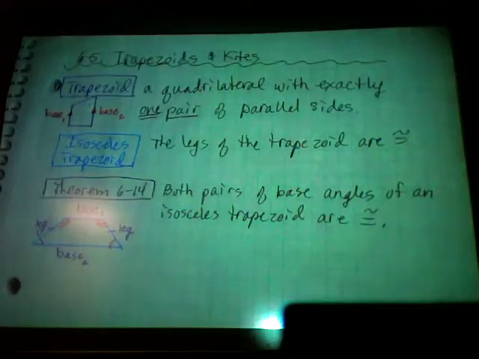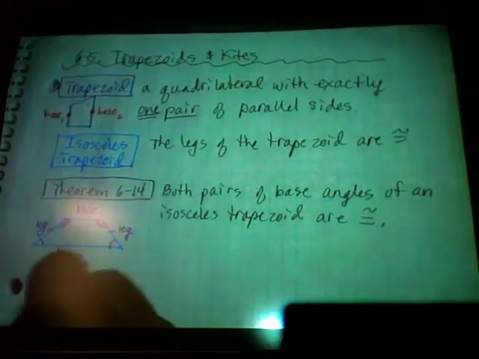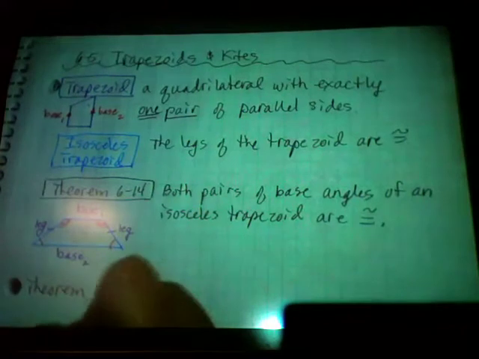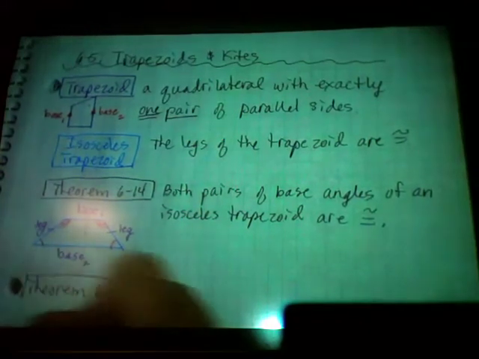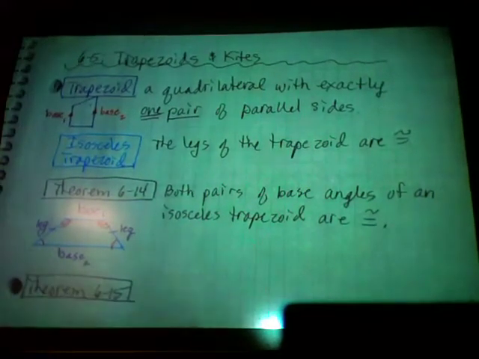And then one more theorem associated with the isosceles trapezoid is theorem 6-15. And this one we'll use a lot.